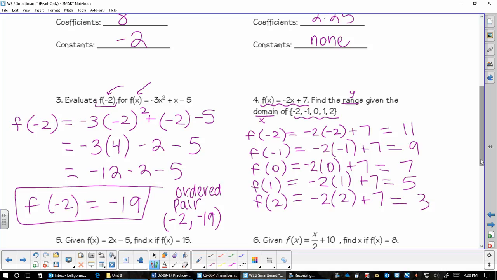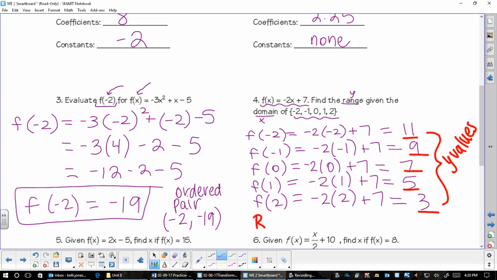Okay, so then I come back and I look, and I've got 11, 9, 7, 5, and 3. All of these are my y values. So when it asks for the range, it's all of the y values. If I had 5 values for my domain, I should have 5 values for my range. Every input has an output, right?